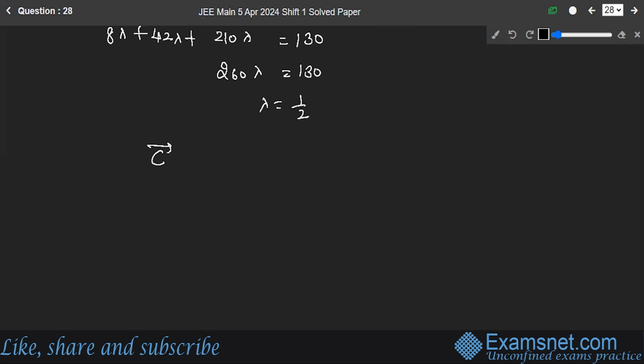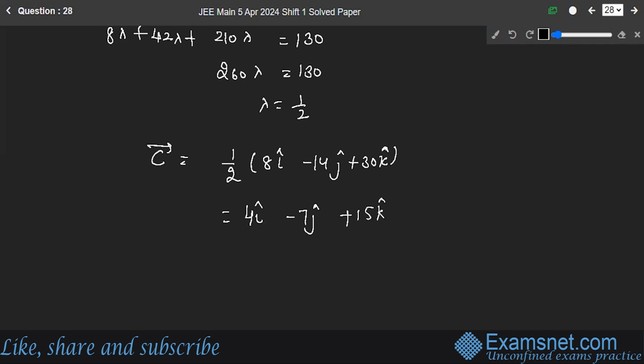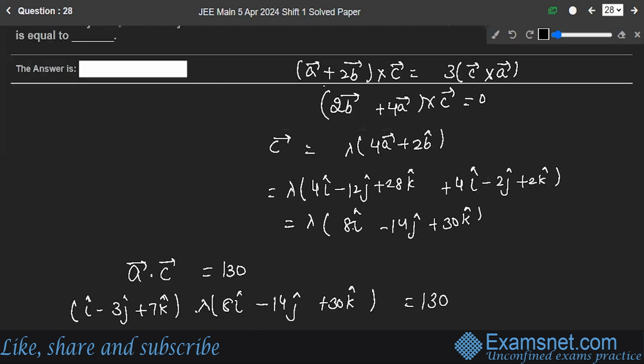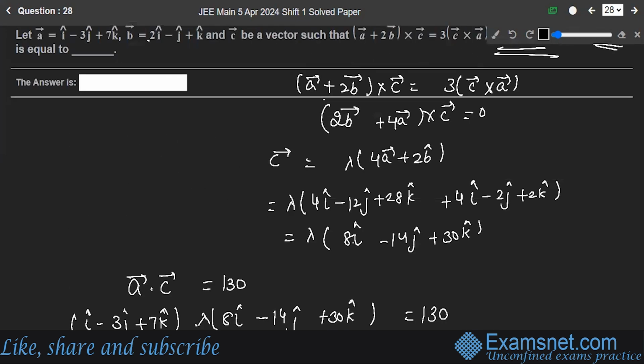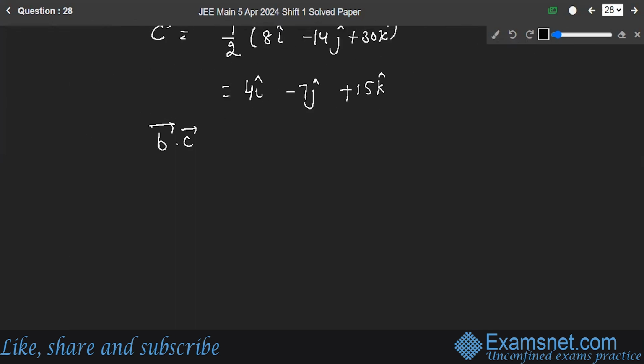So you got your C. C vector was equal to 1 by 2 into 8I minus 14J plus 30K, or this is 4I minus 7J plus 15K. This is your C vector, and what I have to find out was the dot product of B and C, right? And let's write down B. B was 2, minus 1 and 1.